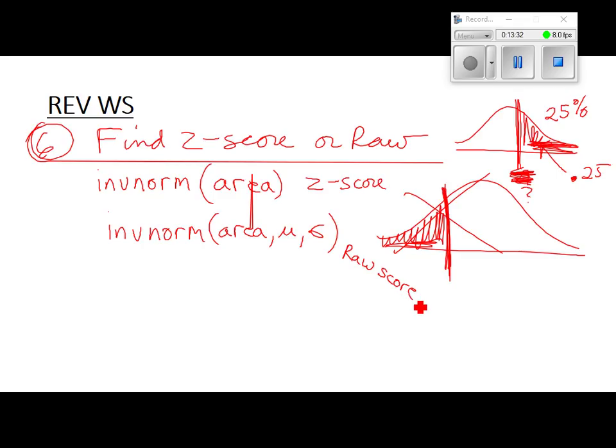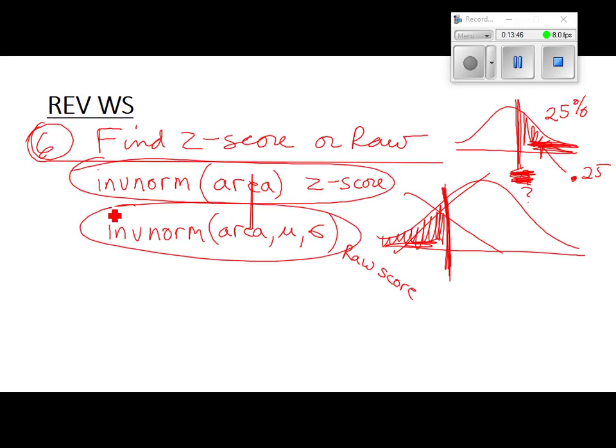So if we're trying to find the raw score that fits that, we punch in the area, the mean, and the standard deviation. If we're just looking for a z-score, you just punch in the area. If you're looking for the raw score, you have to punch in those 3 with the commas.